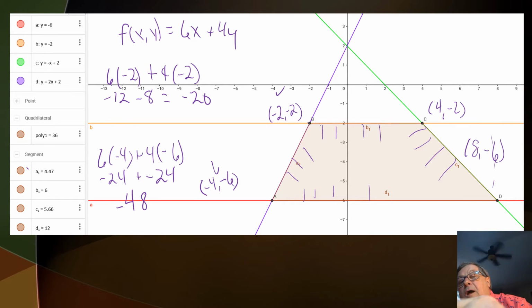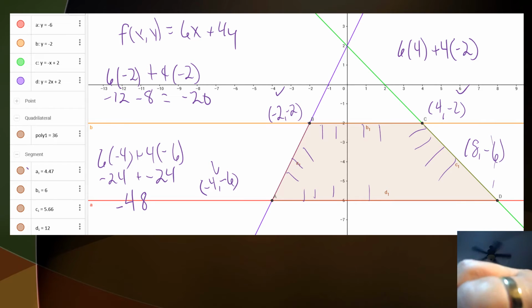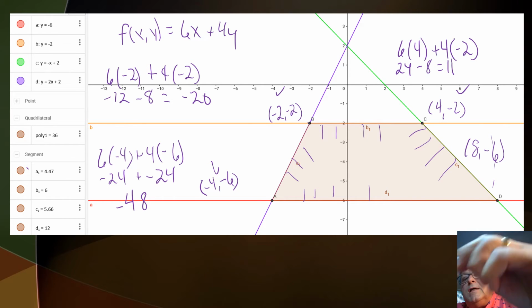And then we're going to use this coordinate, (4, -2). So 6 times 4 plus 4 times negative 2. 6 times 4 is 24, and 4 times negative 2 is negative 8, so that equals 16.